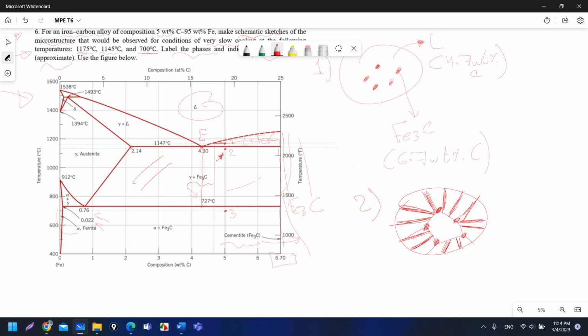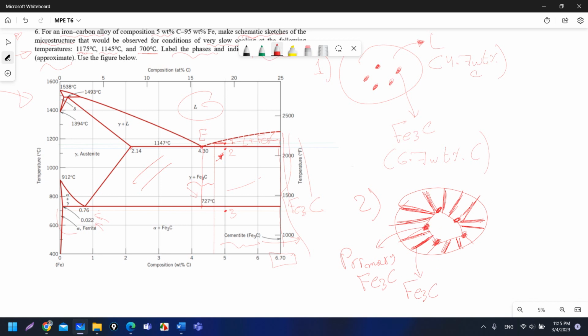Okay, so I have this one. The circles or the spheres are the primary Fe3C, and I will have also this one, the red line from the lamellar structure is also Fe3C. So this one also represents the Fe3C.